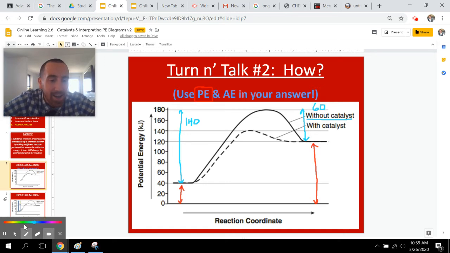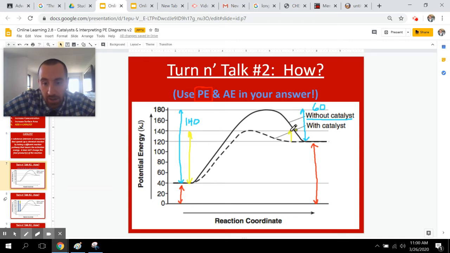When you add a catalyst, you get a different value for each of the activation energies. So for this one, the activation energy of the forward reaction now with a catalyst, it only goes to here. So you can see that you've actually lowered the activation energy. Okay, and the same thing goes for this one.